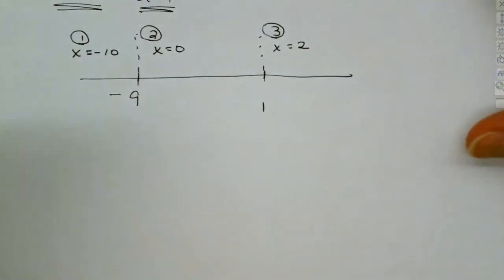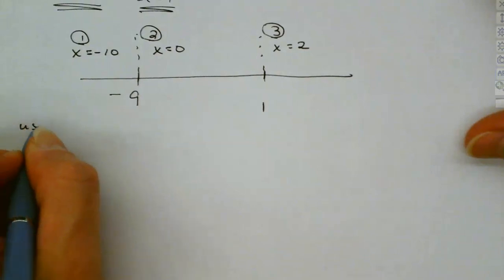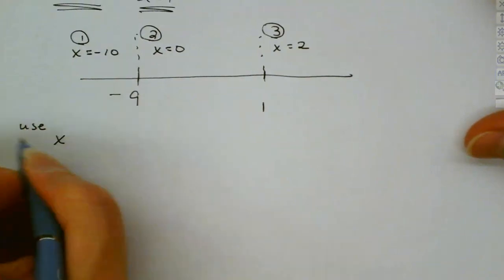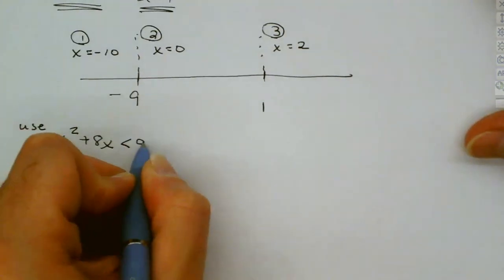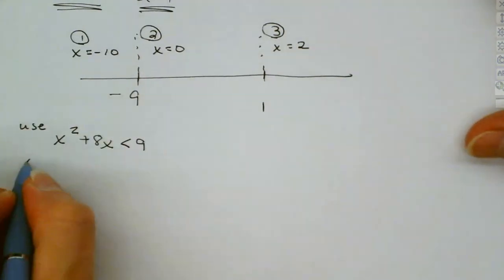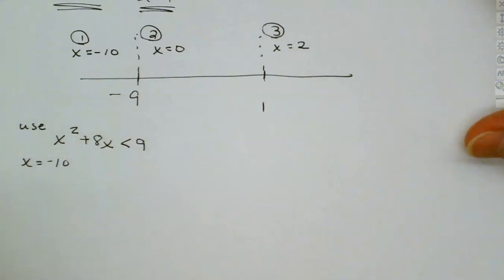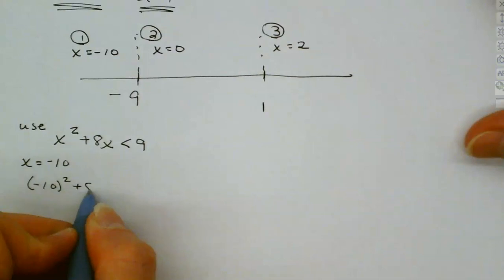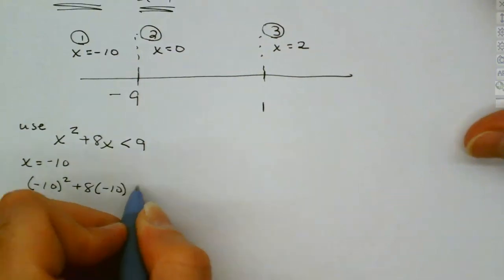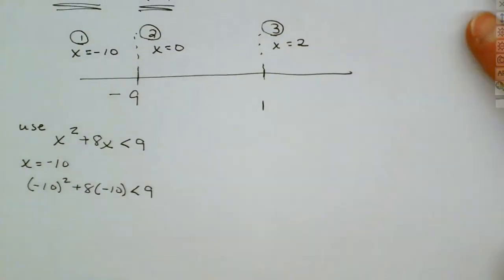Now we're going to use them in our original inequality, x squared plus 8x is less than 9. And we're going to check each one to see if it's true or false. Okay, we're going to plug it in.